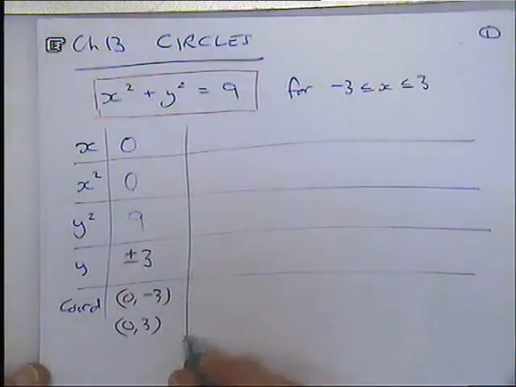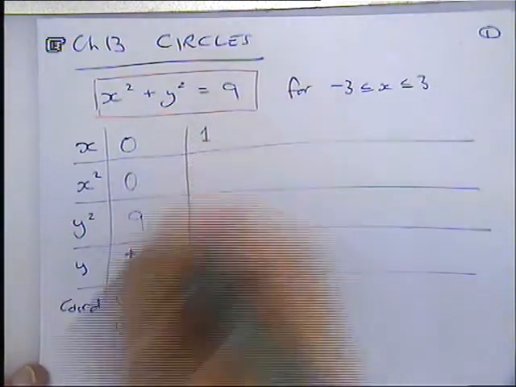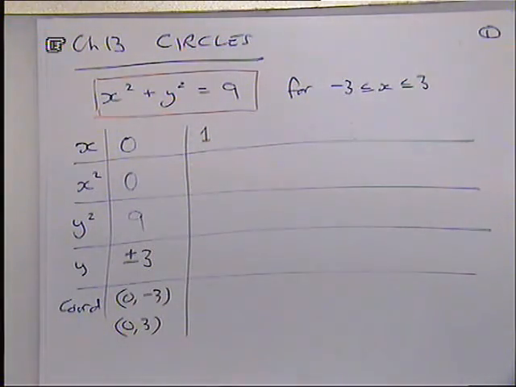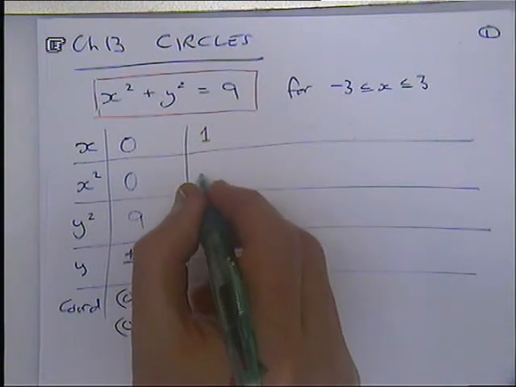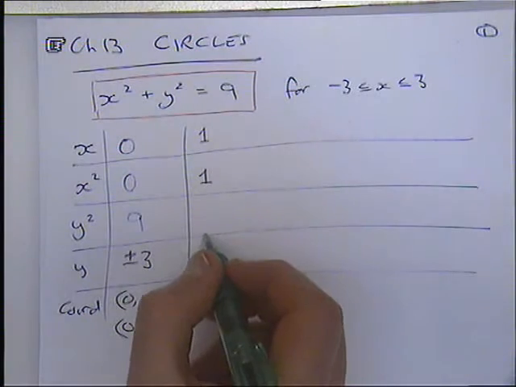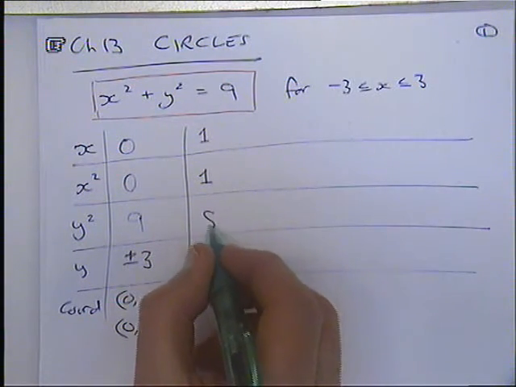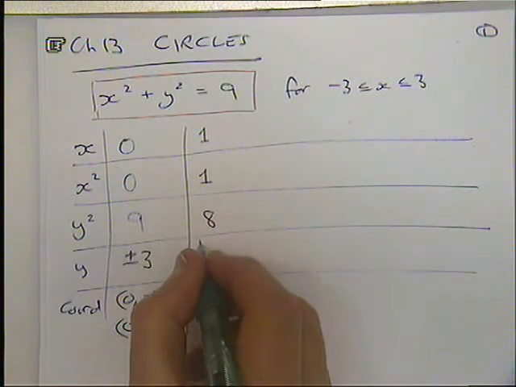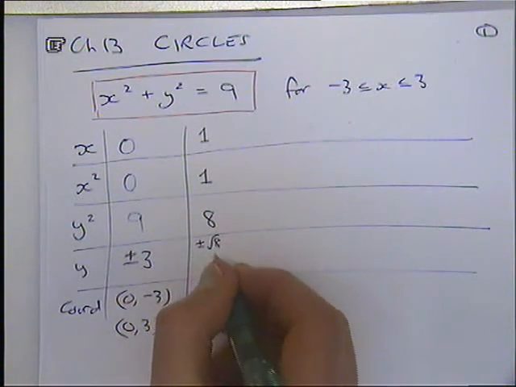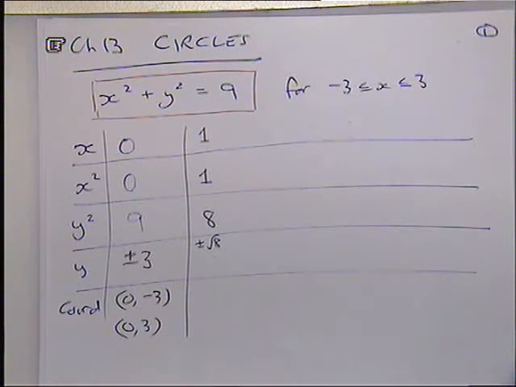Okay. So the next thing we're going to consider is x being 1. If x is 1, what is x squared? 1. So what will y squared have to be? 8. So what will y have to be? Plus or minus the square root of 8. Now, because we're going to graph this, what is the square root of 8 to one decimal place?